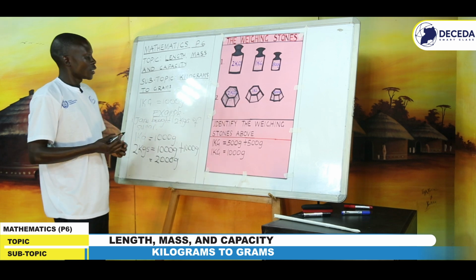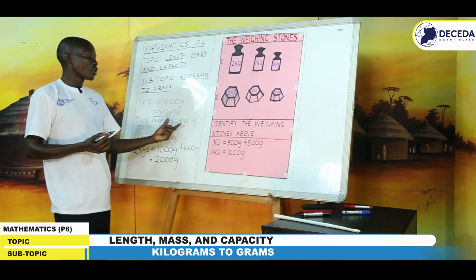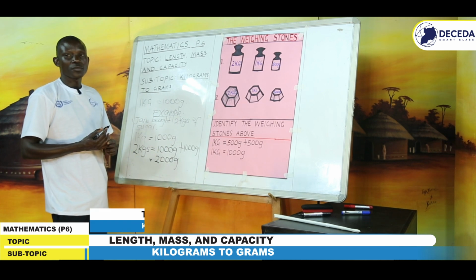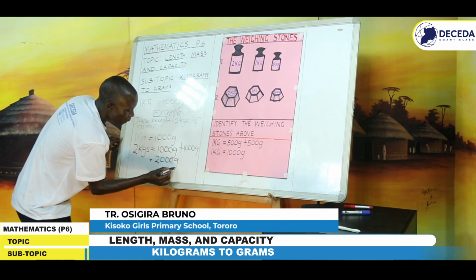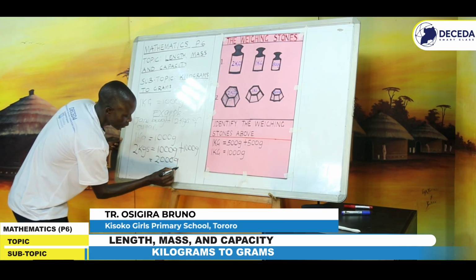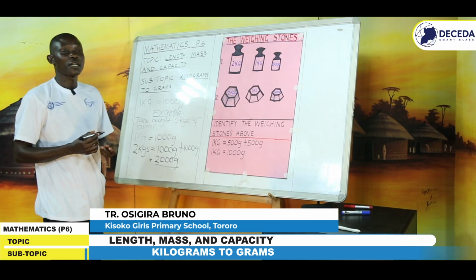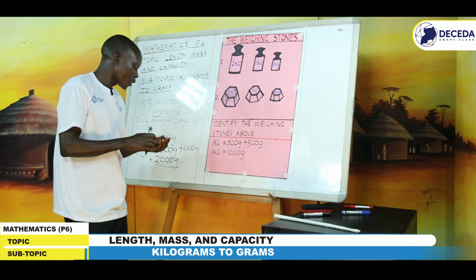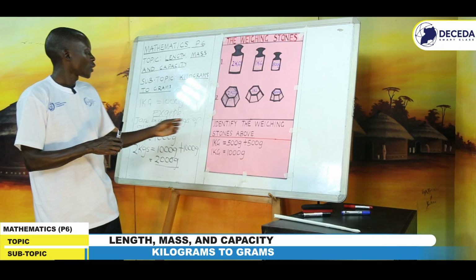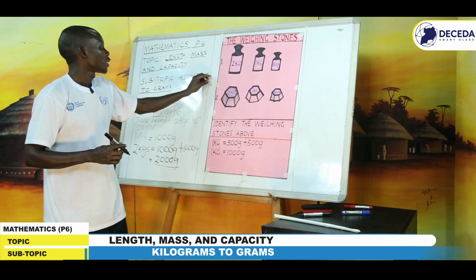Therefore, if Jane bought 2 kilograms of sugar, Jane will come back with 2,000 grams of sugar. I think you have gotten that?